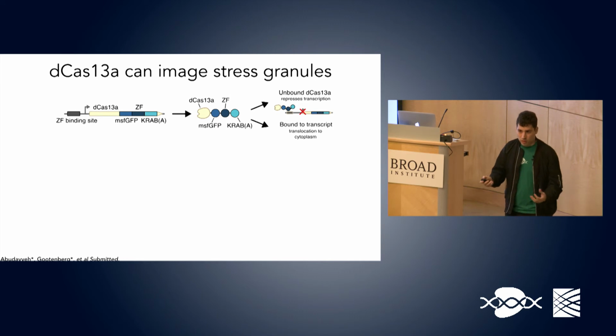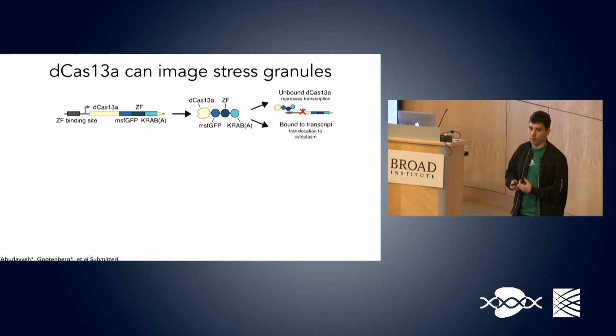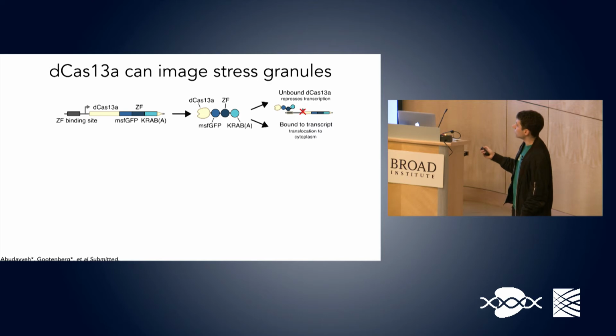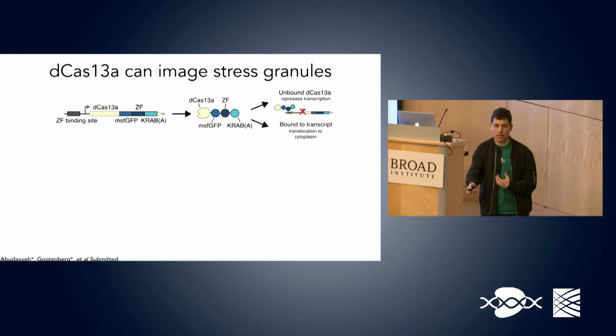Lastly, we've talked a lot about knockdown, but can we use Cas13 for other things? You can imagine using a catalytically inactive Cas13, or dCas13, for many different applications. One we were interested in was the imaging of stress granules. In collaboration with Alice Ting's lab, we designed a negative feedback dCas13 that contains a zinc finger and a KRAB, wherein it's unbound, and in the nucleus, it represses its own transcription. But when it binds to the transcript, it will translocate to the cytoplasm.